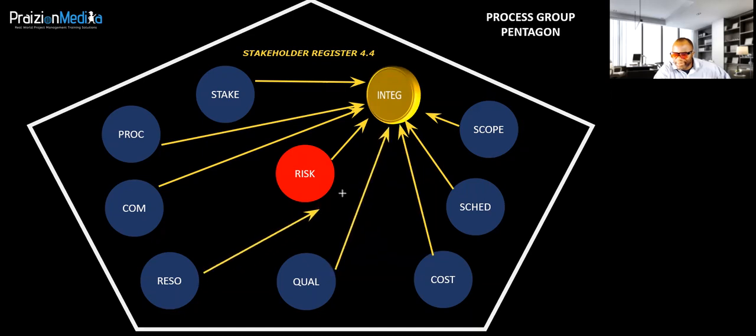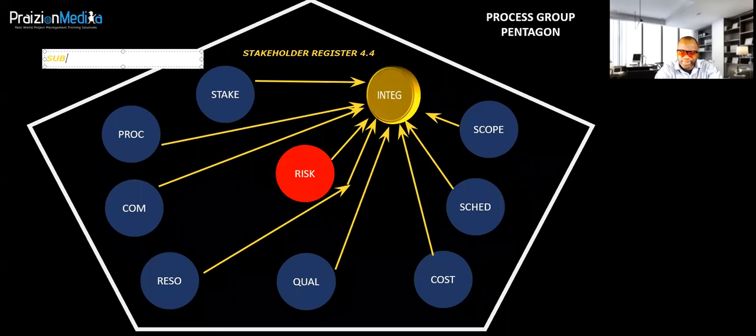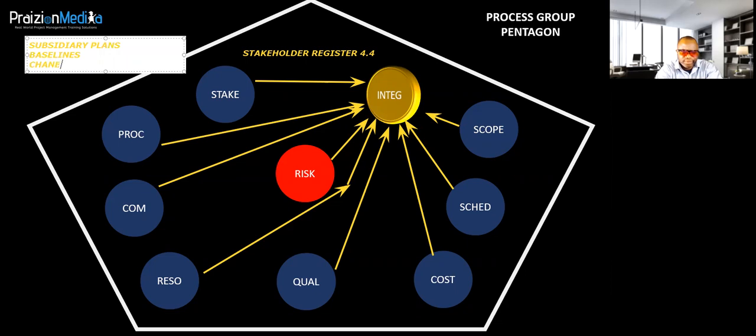And guess what else? We also have subsidiary plans going in from all of these places to integration. That's the summary, okay? So subsidiary plans, sometimes baselines, and what else? Change requests. And what else? Work performance information.